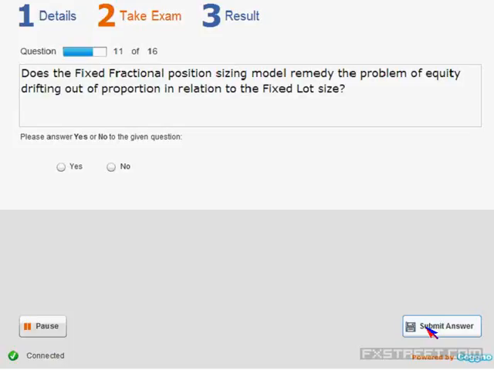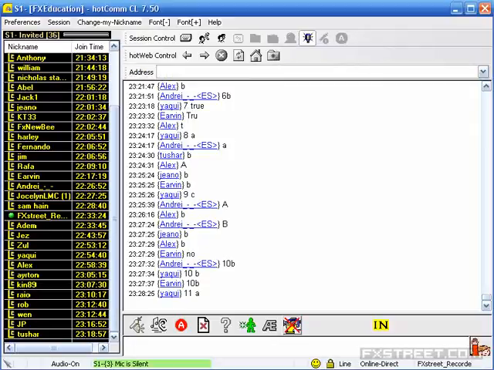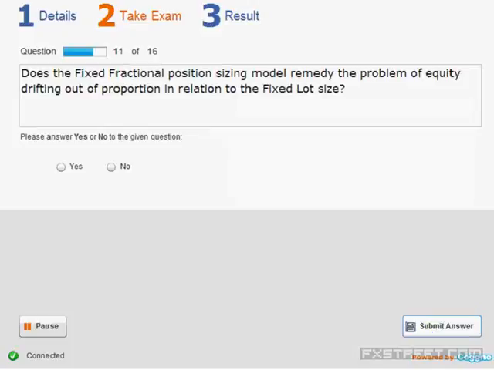Does the fixed fractional position sizing model remedy the problem of equity drifting out of proportion in relation to the fixed lot size? We have seen a similar case here. We have seen those 2 types of equity curves in the fixed fractional model and the fixed lot size. Here is asked if the fixed fractional position size remedies the problem of the equity drifting out of proportion.